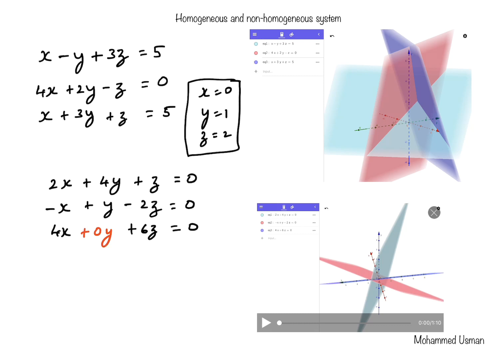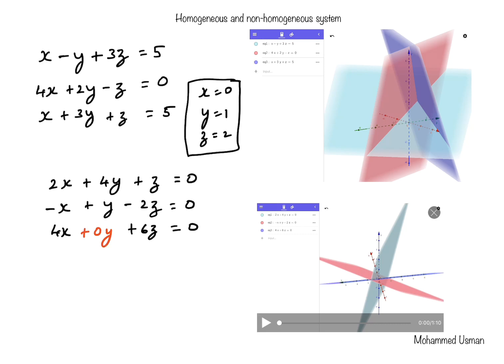So a homogeneous system always has a trivial solution at the origin. That means even before we begin to solve it, when we look at a system of equations representing a homogeneous system, we know for sure that the origin is a solution.